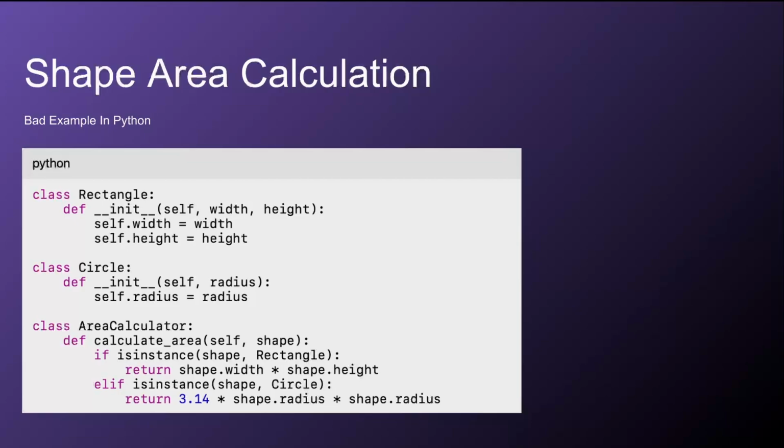In this AreaCalculator we can see there is a method calculate_area, and that takes the shape object, and that shape object can be a circle or a rectangle, and it checks whether that shape object is a rectangle or a circle, and on the basis of that it returns what the area of the shape should be. So here it looks fine at first, but let's see what is wrong with this existing code.